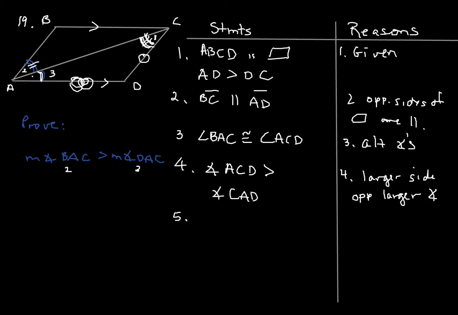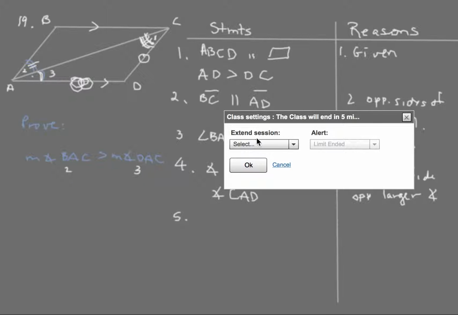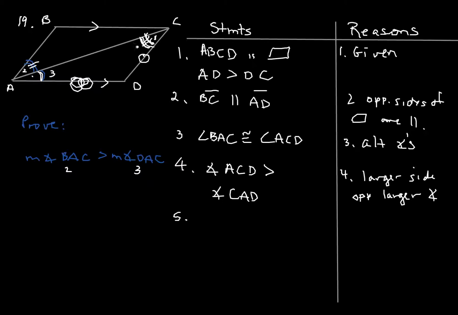Here's our transitive property. If 1 is greater than 3, and 1 is the same as 2, then 2 has to be greater than 3. And we proved our point. It's basically substitution or transitive.